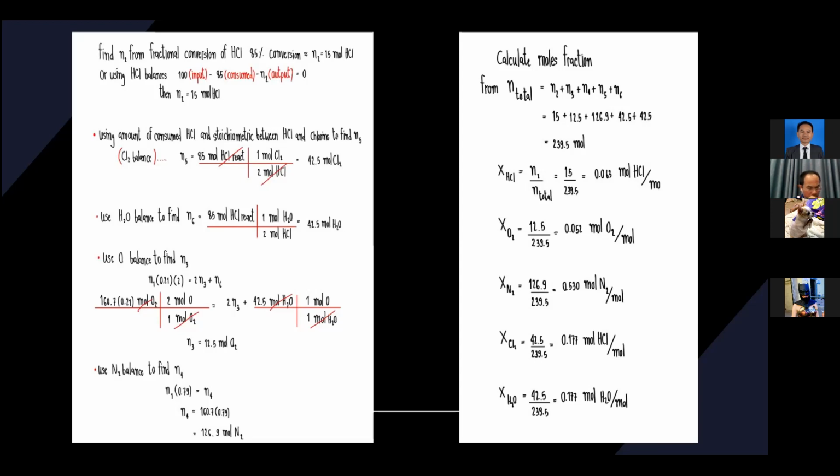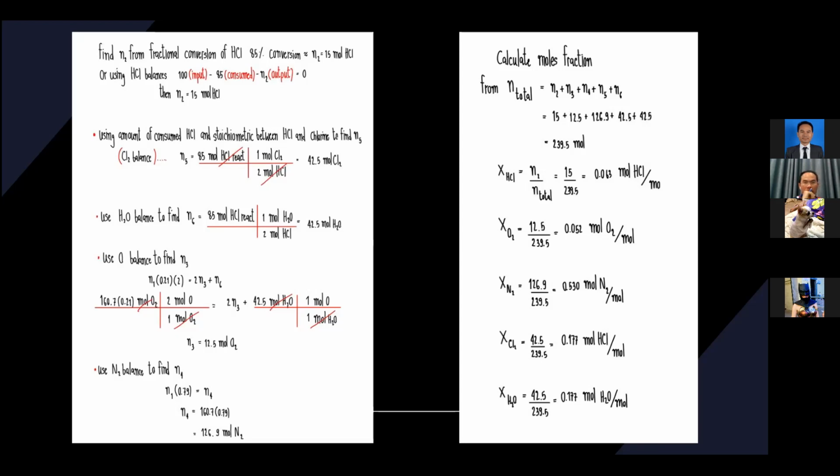For the next one, N3, we use the oxygen balance, and we got it equal to 12.5 mole. And the last one is N4. We use the nitrogen balance, and we got it equal to 126.9 mole.